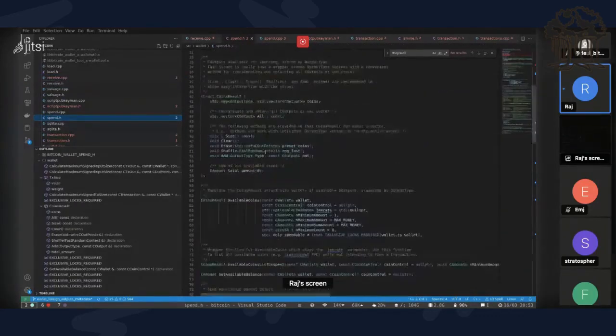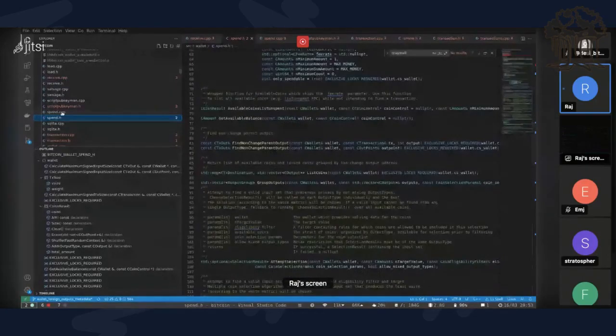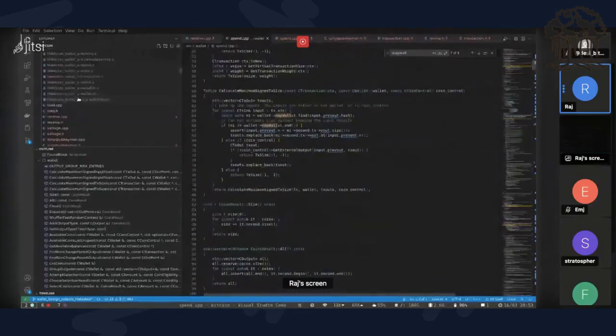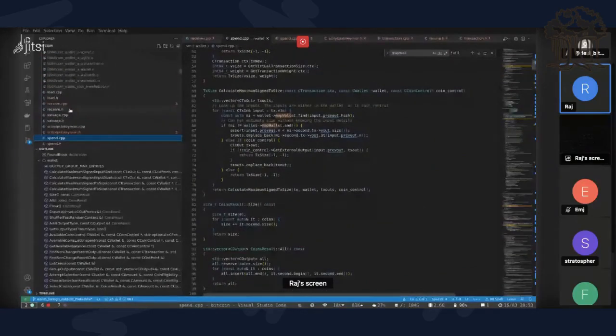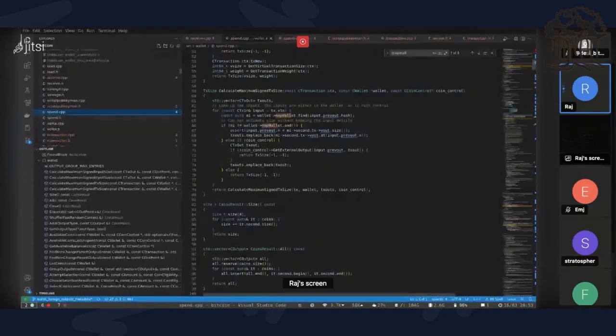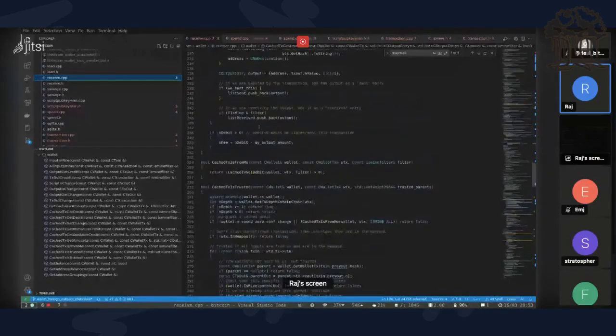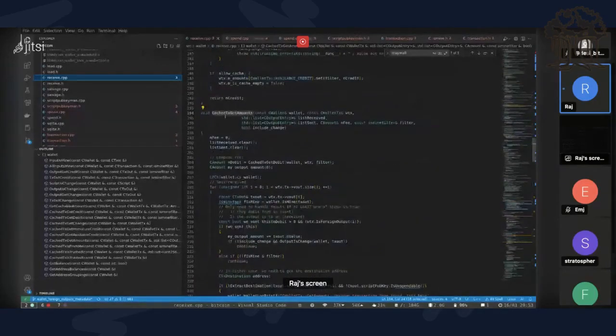And these two files, spend.h declares these functions, spend.cpp defines them. Same for receive.h and receive.cpp. So these are the two components. So CachedTxGetAmounts, right?